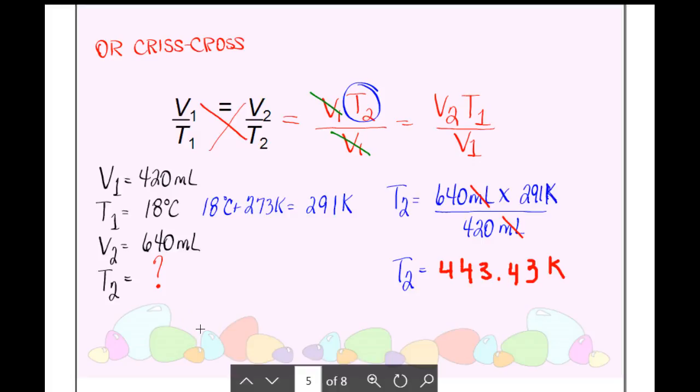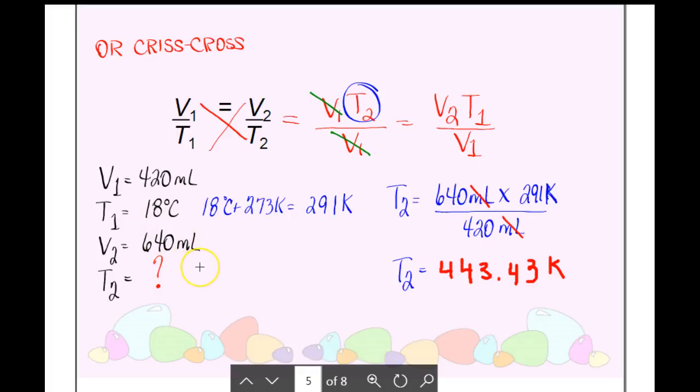Okay, so what does this show us? What are we seeing here with our temperature and our volume? Are we seeing that our temperature in degrees Kelvin goes up or goes down when we have a change in volume? When we go from 420 milliliters to 640, what does that mean?